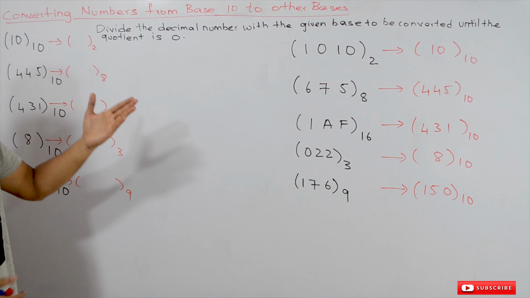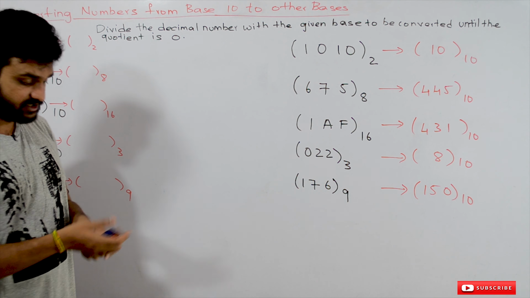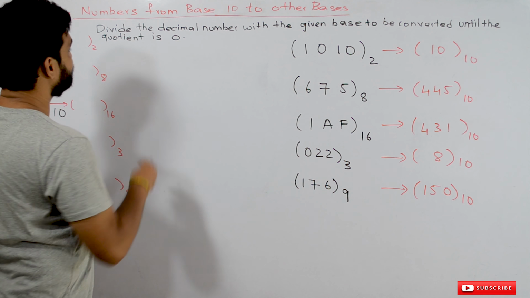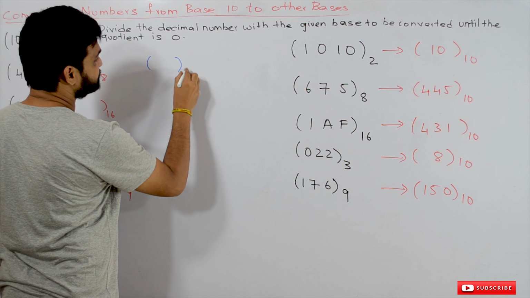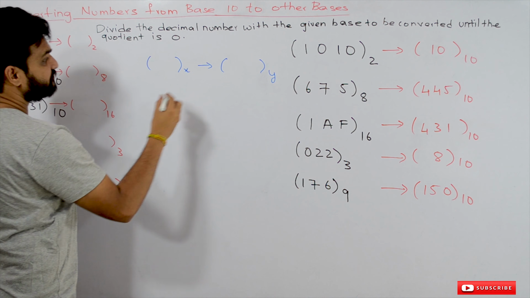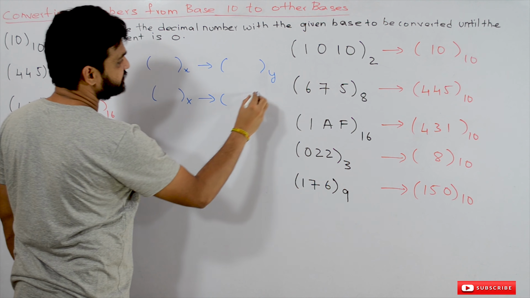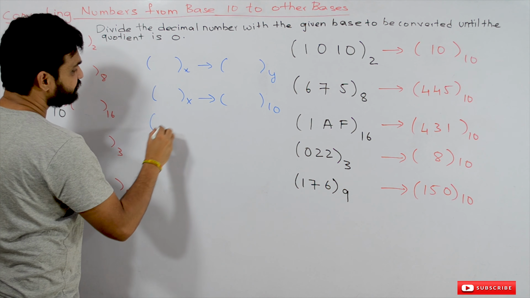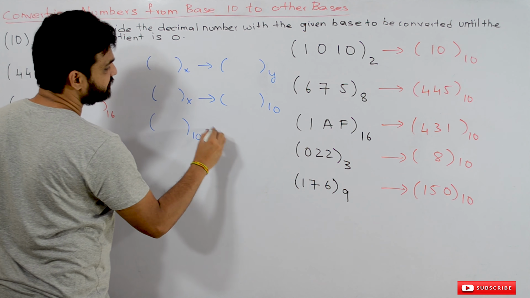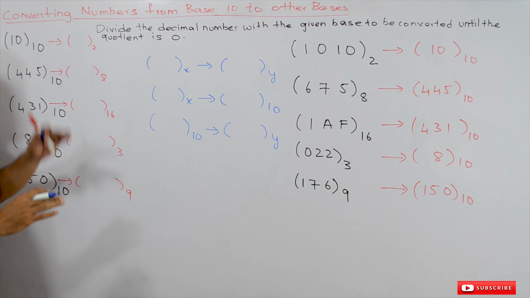In the process of converting a number in base x to the number in base y, we have to convert the number in base x to base 10 first, and then convert the base 10 number to base y. This is what we discussed in our previous video.